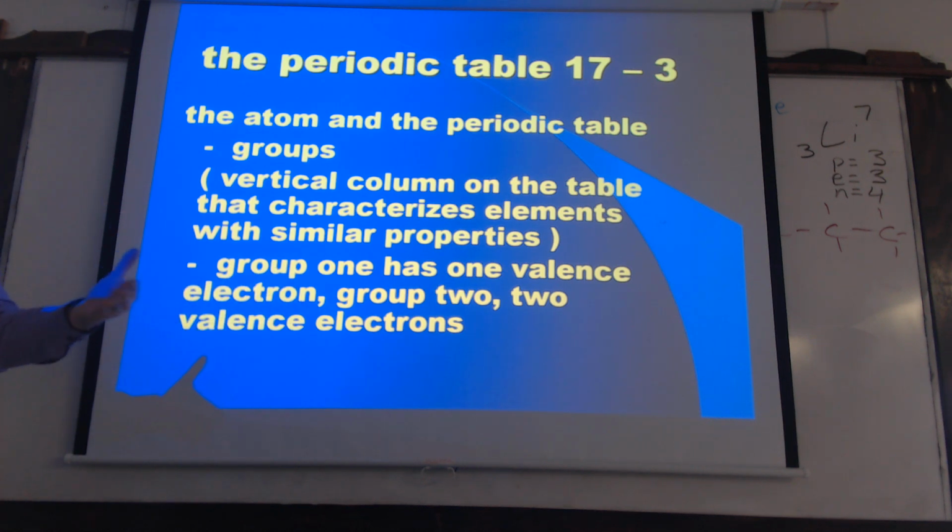Hydrogen, lithium, sodium, potassium, rubidium, francium, they're all in column 1, okay? Then you jump next door and you say, okay, let's look at beryllium, then magnesium, then calcium, strontium, and then barium. Is that right? Yes, and then radium at the bottom.